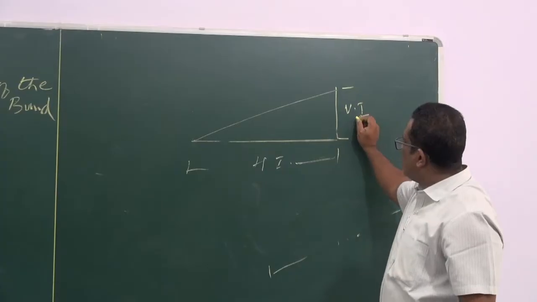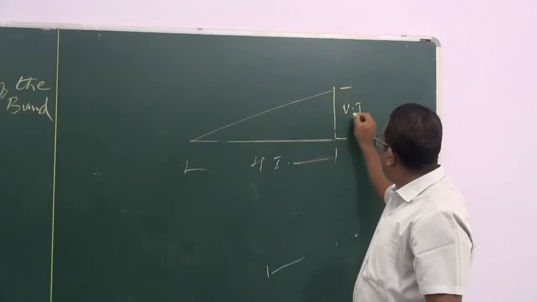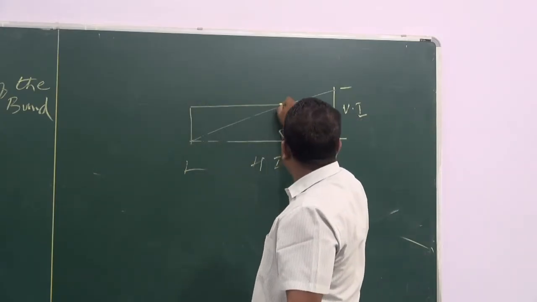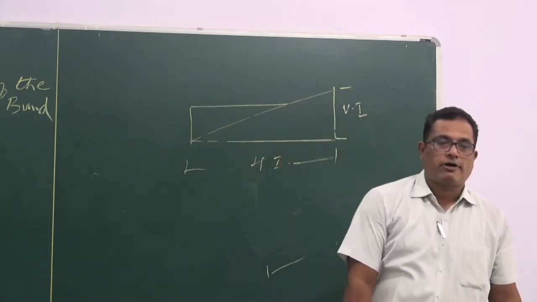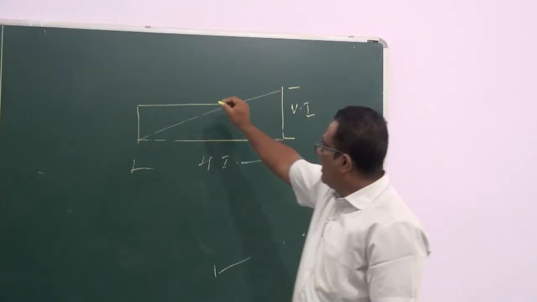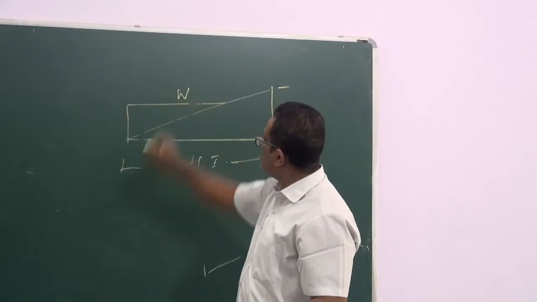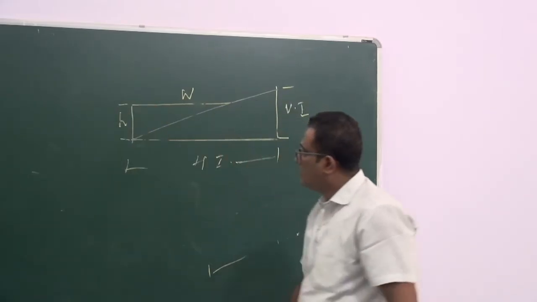So this is one bund here, another one there, and say this is the ponding water that is impounding water, which is held against those bunds. Its width, this is horizontal, is W, and its height is H.